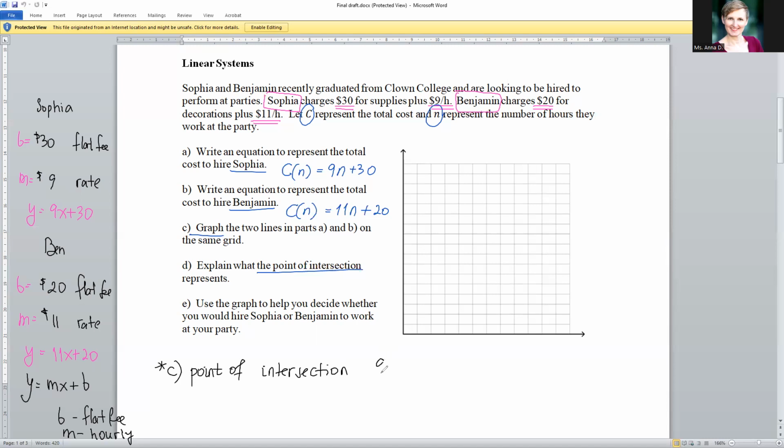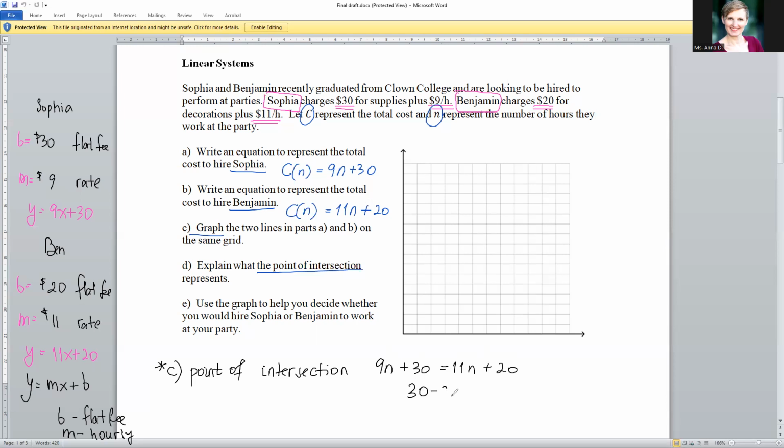Point of intersection: 9N plus 30 equals 11N plus 20. That is the point of intersection of the two graphs. I set the equations equal to each other.